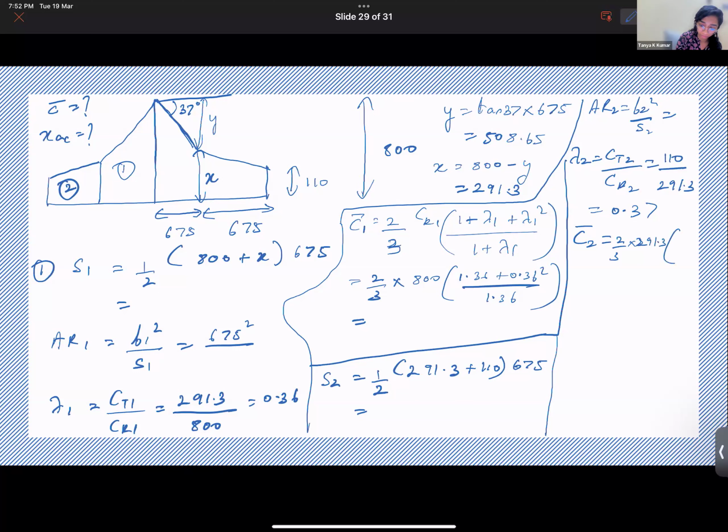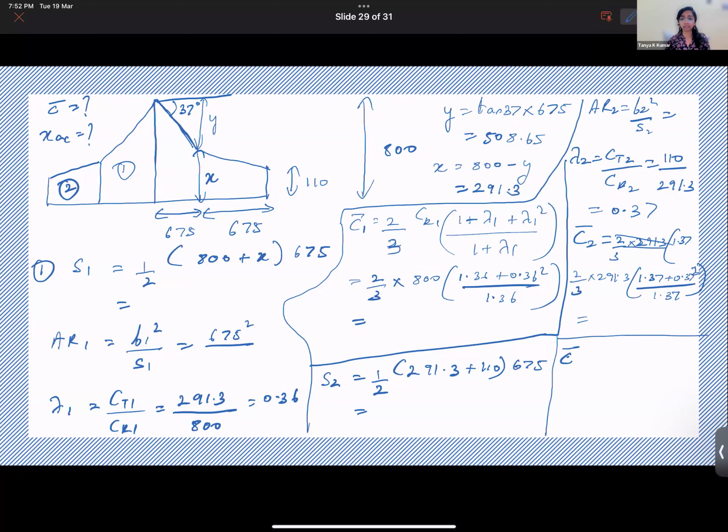In brackets, you get 1.37. Let me write it below: 2 by 3 into 291.3 into (1.37 plus 0.37 squared) by 1.37. You get some quantity.